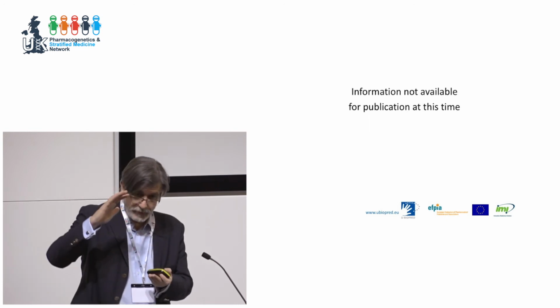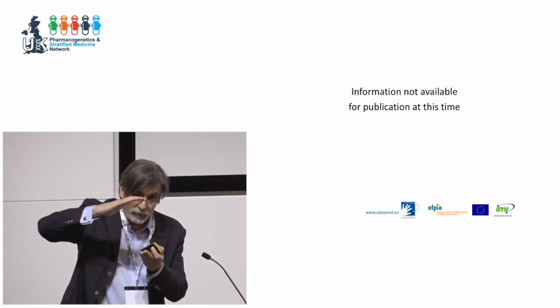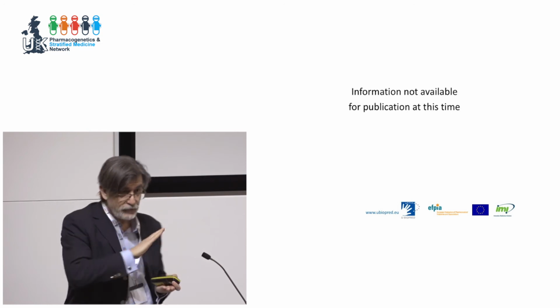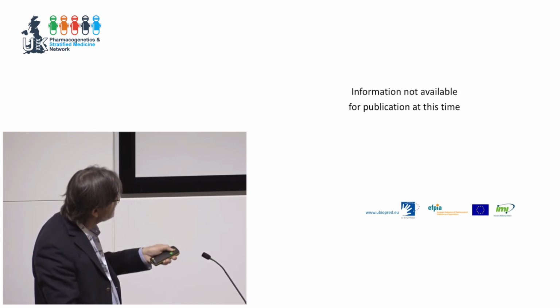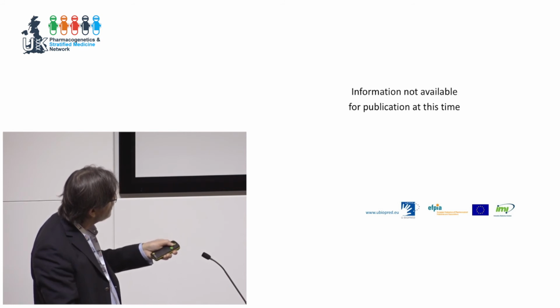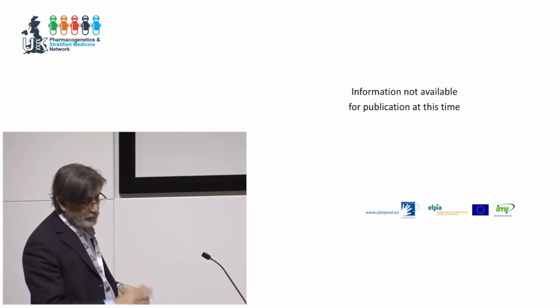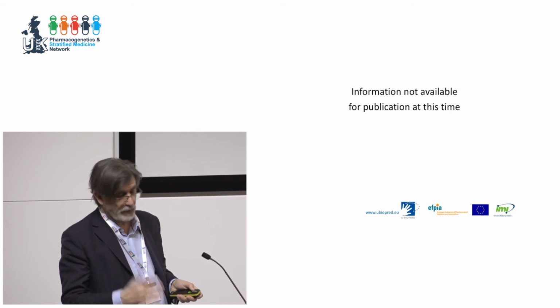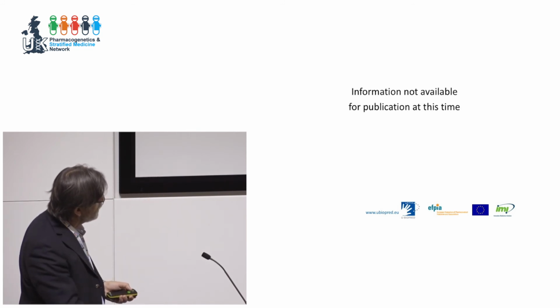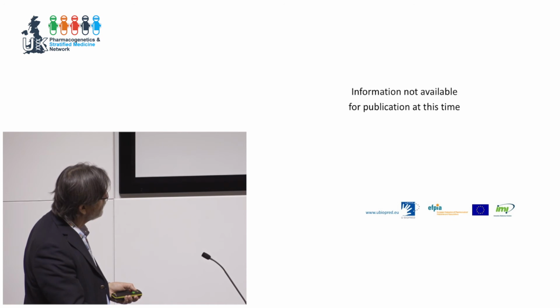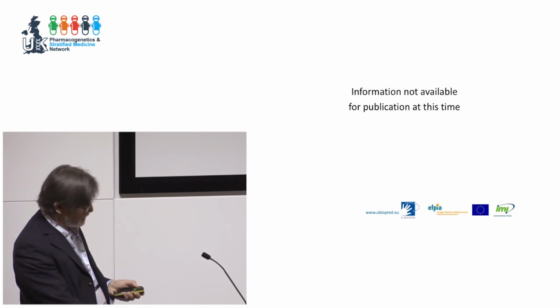But again, I draw your attention to the enormous heterogeneity that exists if you do not stratify. So clearly what you're interested in is this bunch of people who are different from mild asthma and from control individuals.